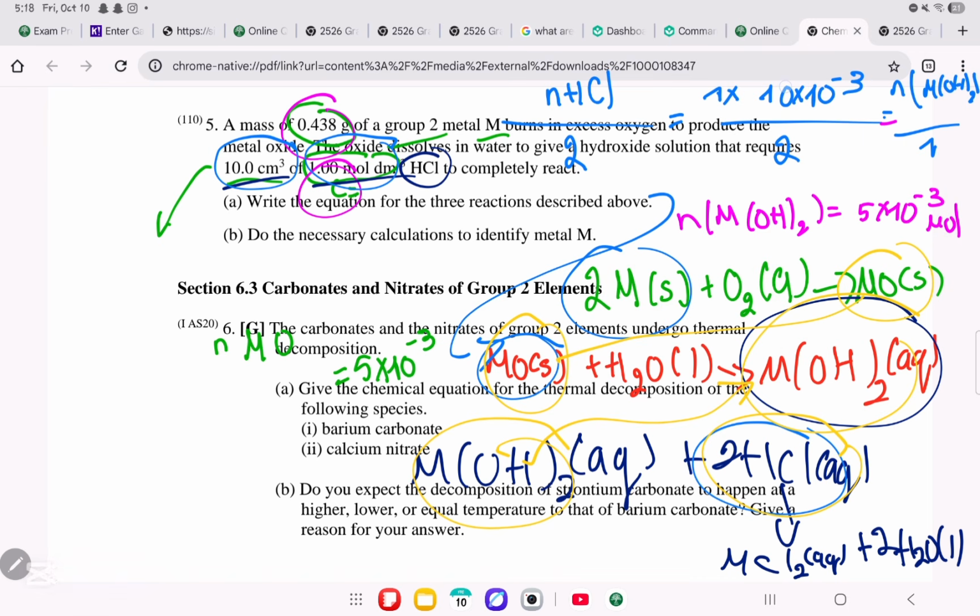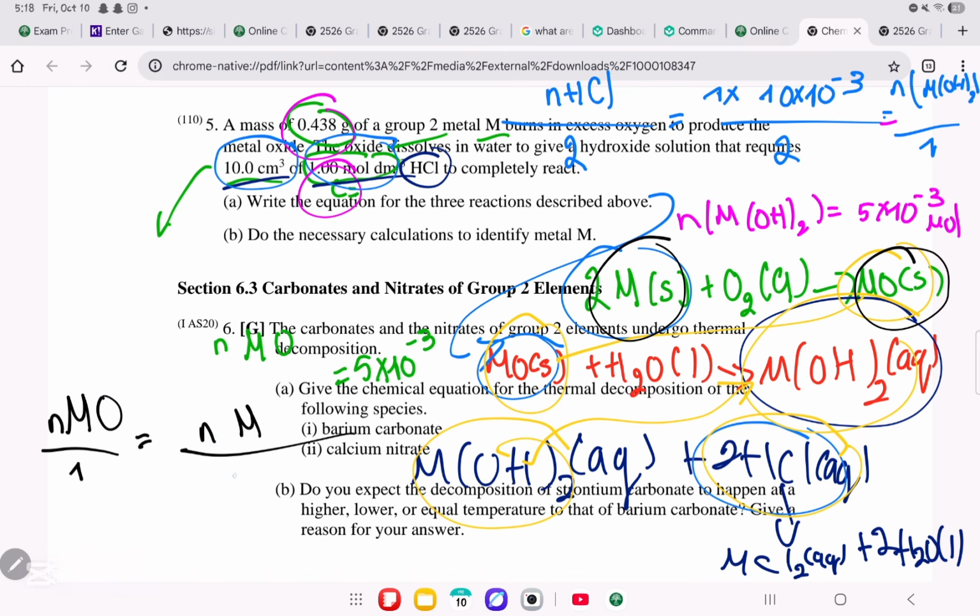Now the final thing we're going to do is relate this and this. So the number of moles of metal oxide over coefficient, which is 1, is equal to the number of moles of metal over the coefficient, which is 2. Oh, my bad, by the way, I did a balancing mistake. There's supposed to be a 2 over here.